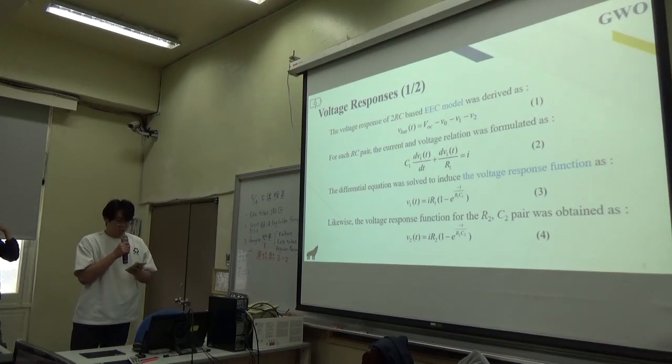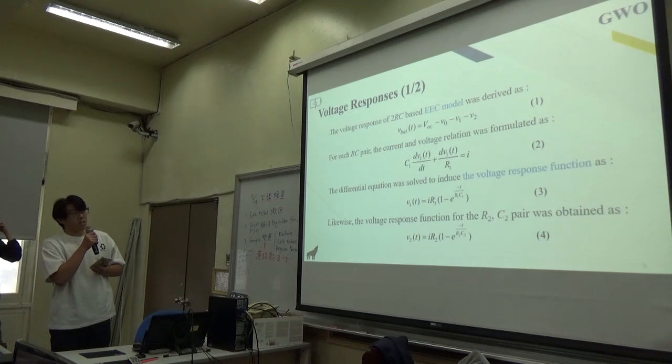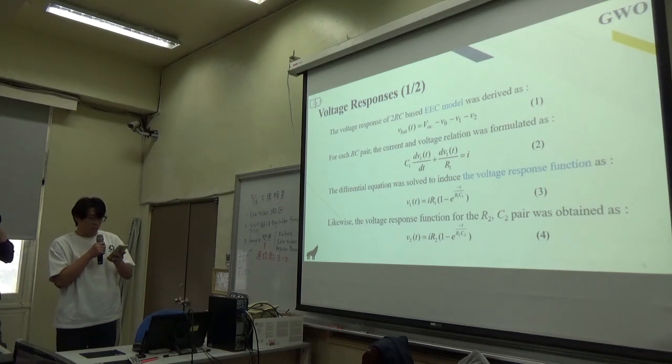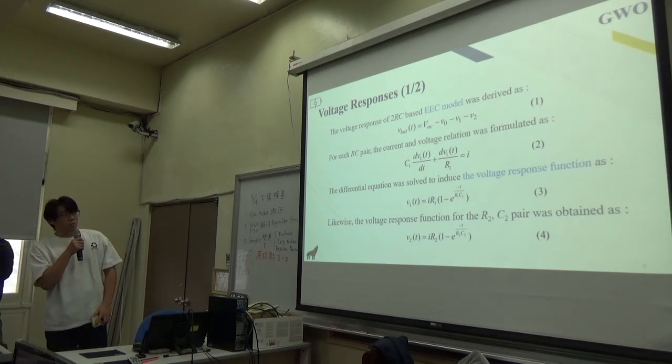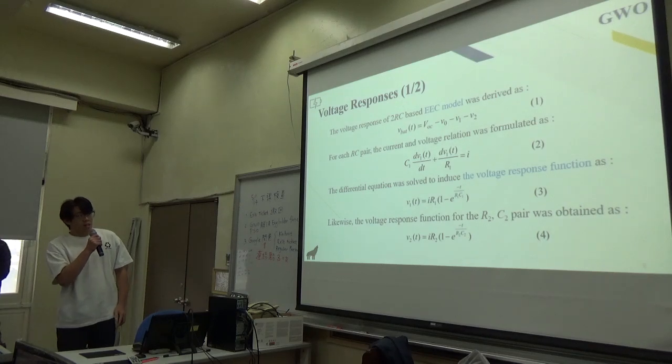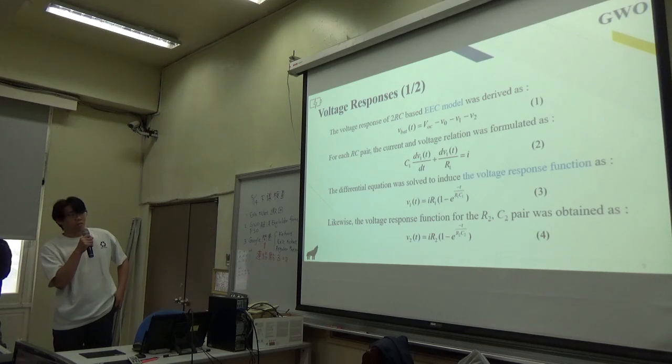For the voltage response of the 2RC based EEC model, EEC is the equivalent electrical circuit, and it was derived as equation 1. For the R1 and C1 pair, the current and voltage relation was formulated as equation 2. Then the differential equation was solved to derive the voltage response function as equation 3.